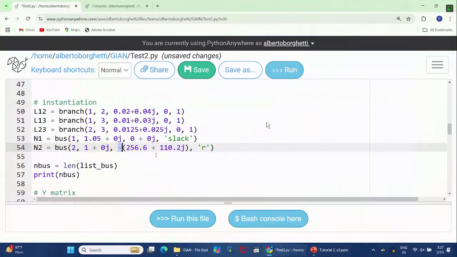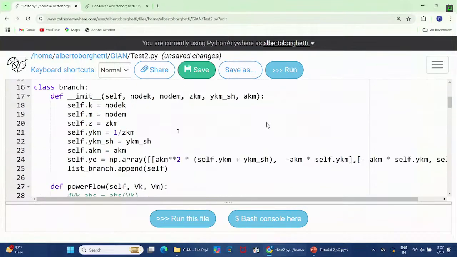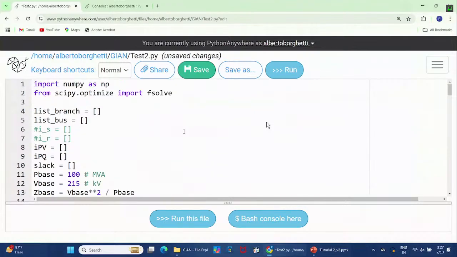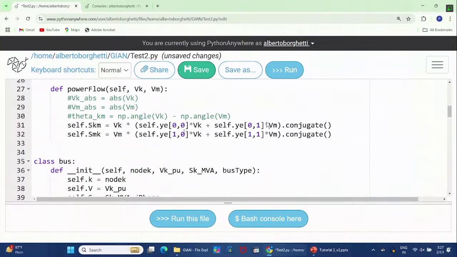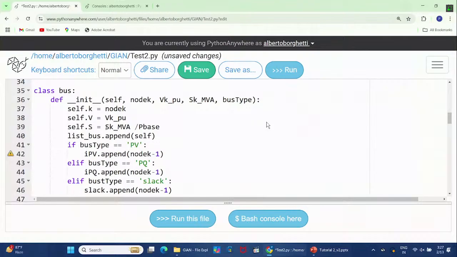It is not perfect because I'm not sure if it is good, because we need to do the work in per unit, and it is fine because in per unit it is converted inside.